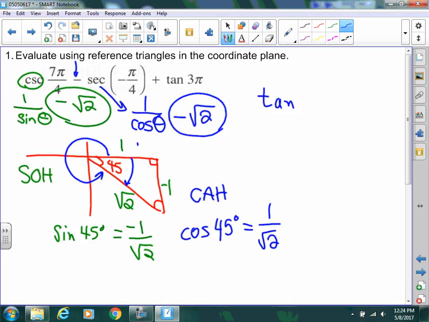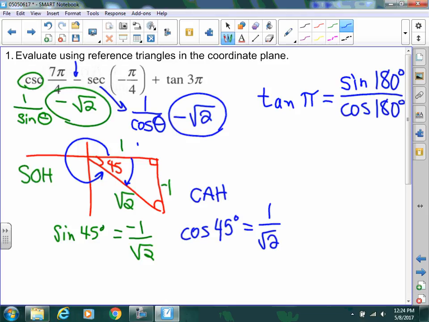Well, it doesn't look like I went anywhere. So I'm just going to say tangent of pi. And that's the same thing as 180, right? And tangent is equal to the sine of 180 over the cosine of 180, because that's what tangent does, sine over cosine.